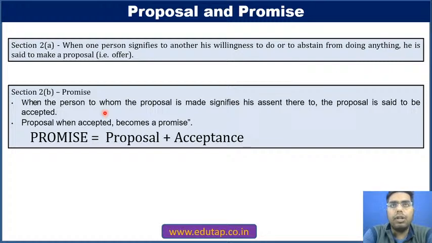I'm making a proposal to a girl. I'm asking her that I want to marry you. If she accepts it, then it becomes a promise, because a promise is from both sides. If I'm making an offer to a girl that I want to marry you, this is a proposal. But when she accepts it, it becomes a promise.